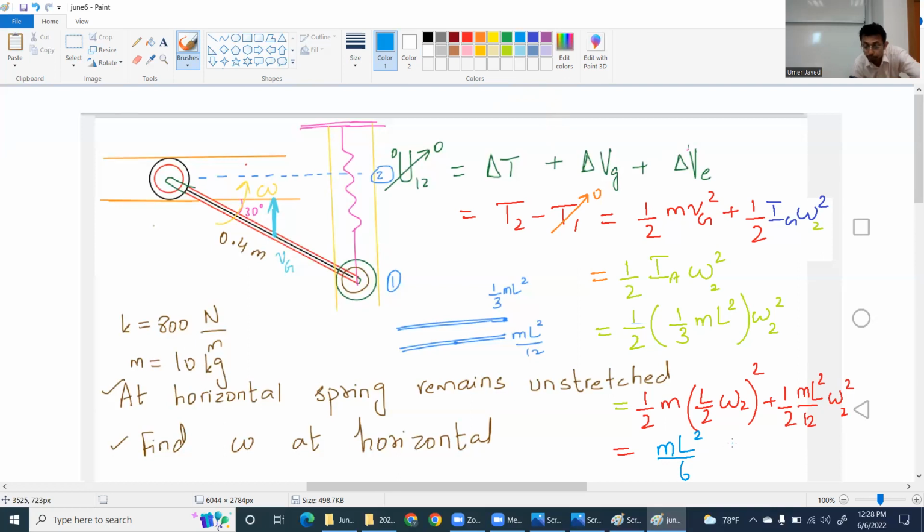M L square over 6 omega 2 square plus M L square over 24. Did I make a mistake? I think this should be 8. Yes, 2 2s are 4, 4 2s are 8. Then you multiply by 3 and divide everything by 4, it becomes 6.